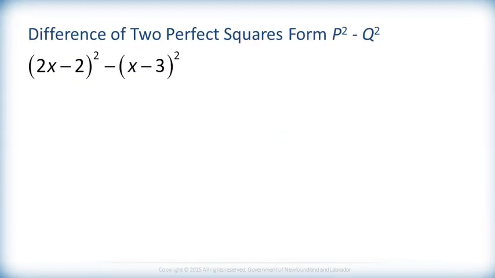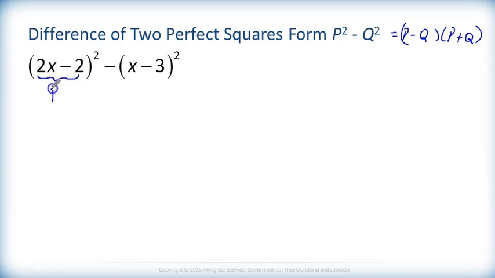We move on now to the difference of two perfect squares form, p squared minus q squared, where the factors are conjugates. We learned about the conjugate factors for a difference of two perfect squares in recording 1A. In this case, we have two different expressions.